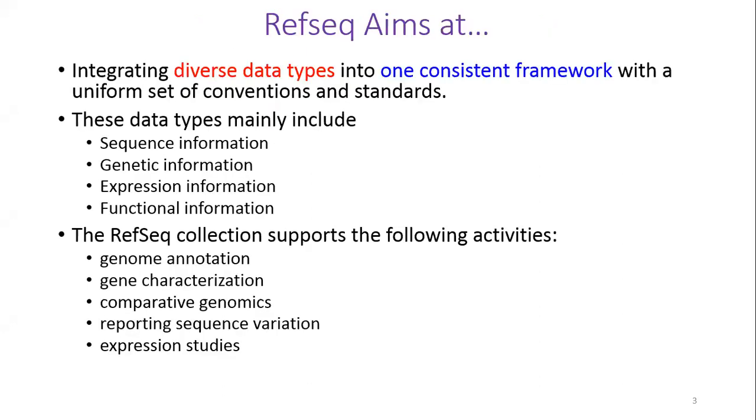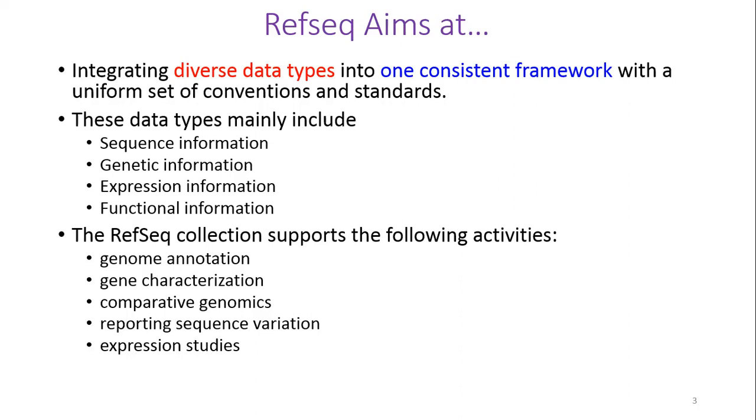So let us see what exactly the aims or objectives of creating this database are. The main objective of the reference sequence database is to integrate diverse data types into one consistent framework, with a uniform set of conventions and standards that can help unify the information present in different databases.